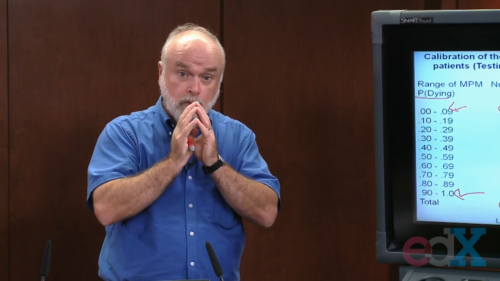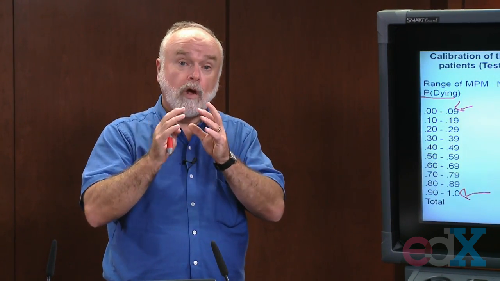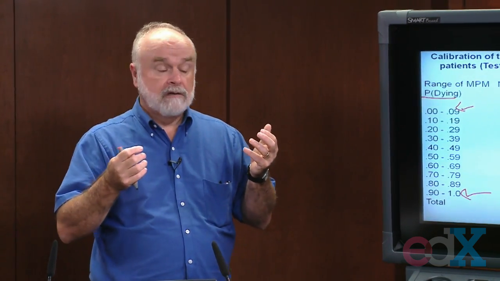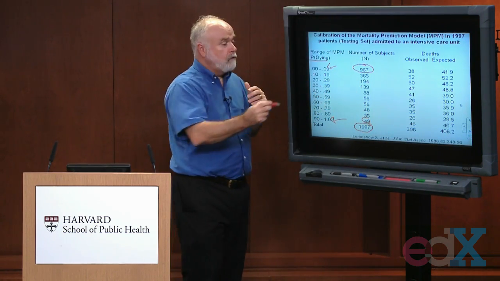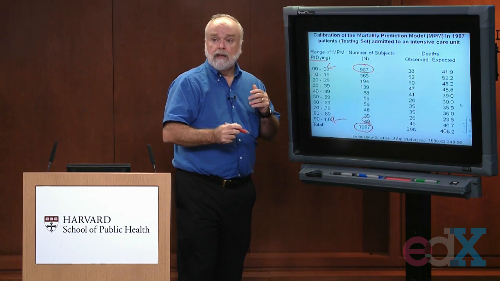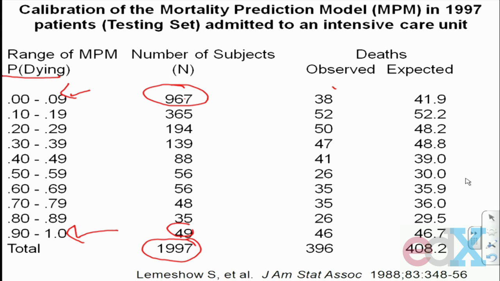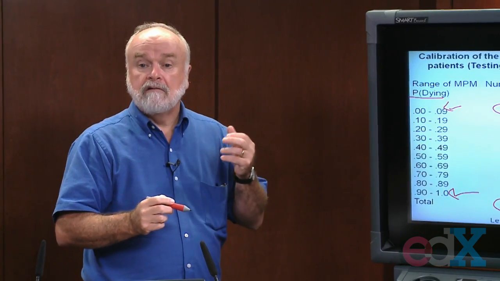And what we want to see is if the actual number of deaths matches up well with the expected number of deaths. If so, I have good calibration. So among these 967 people, all of which have a predicted risk between 0 and up to but not including 10%, there ended up being 38 deaths observed when they were hospitalized. Now, how many deaths would be expected to happen among those 967 people?